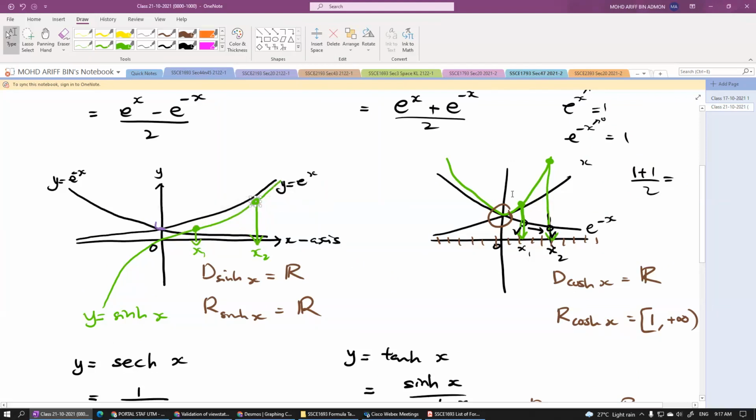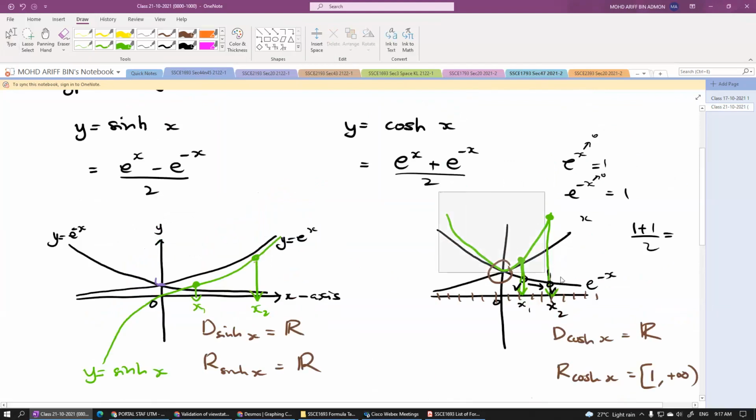How about this cosine hyperbolic? Is it one-to-one or not? No. So what relation is it?